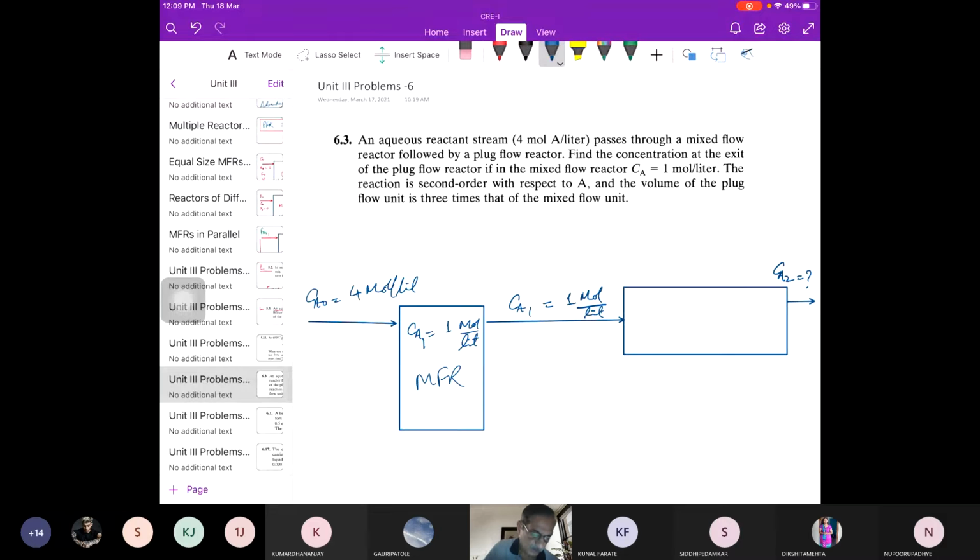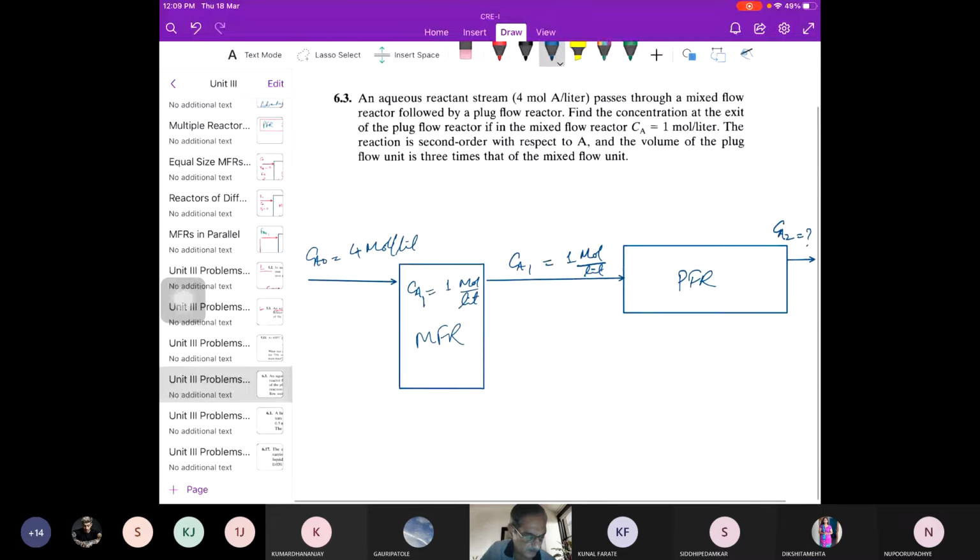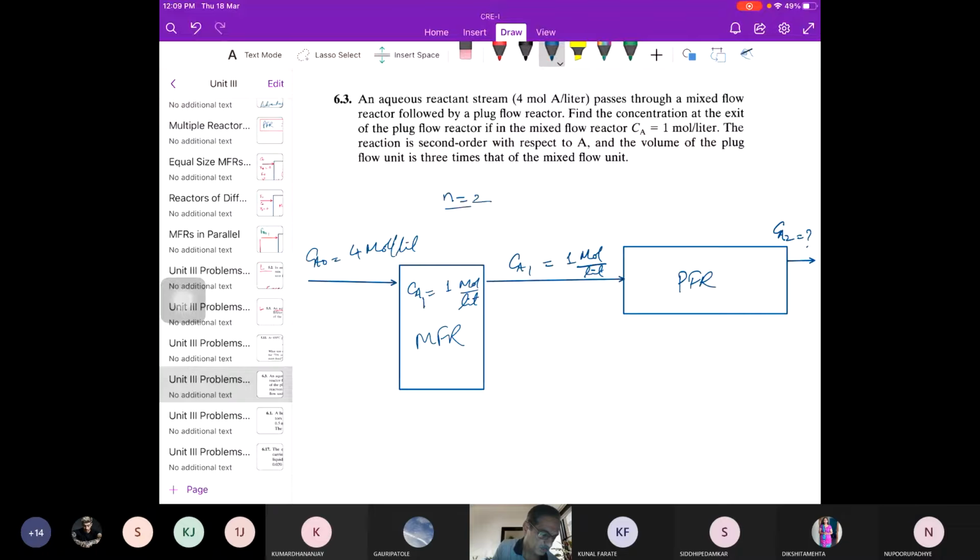Is the problem definition clear to all? Plug flow reactor is always horizontal. Mixed flow reactor is normally represented vertically. And what is given is n equal to 2. Also, suppose this is V1 and this is V2, V2 by V1 is equal to 3.